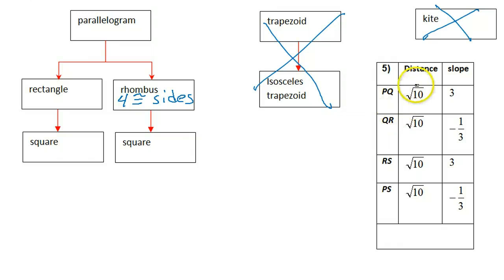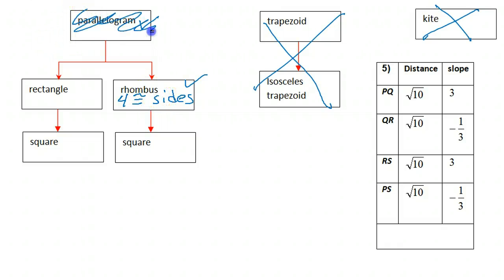Does it have 4 congruent sides? Well, it sure does. Radical 10 4 times. So, kabam, it is a rhombus. So, parallelogram, check. Rhombus, check. Okay? So far, we know that it's a rhombus.